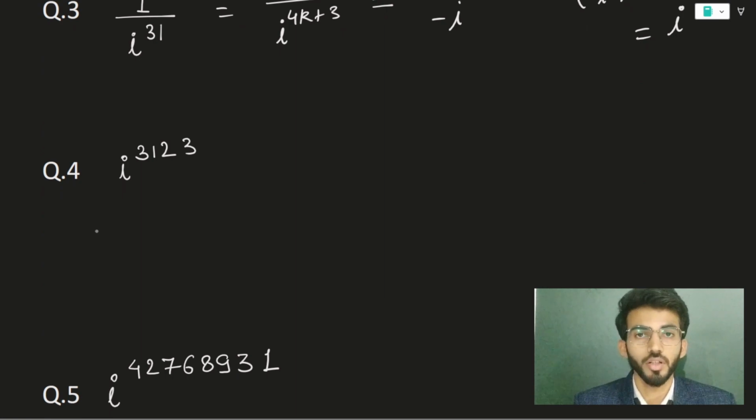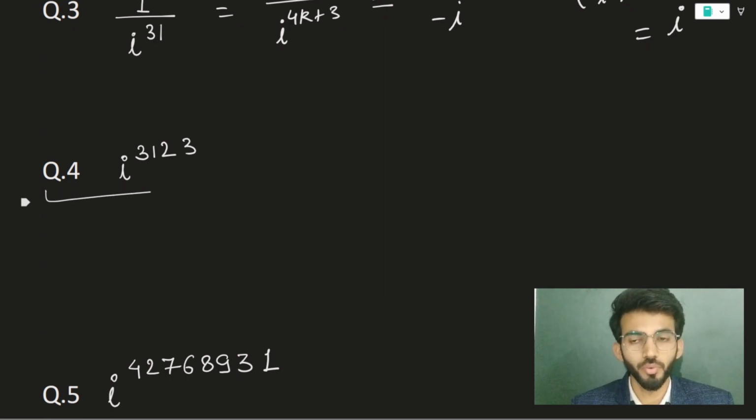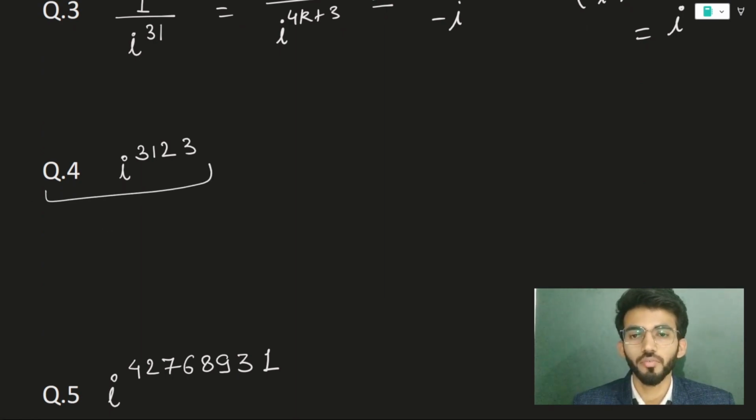Now the next question, question number 4, says: what if a very big number comes in front of us in the form of a power? So what will we do? Again, the same procedure. You have to divide the power by 4 and check in which form it is: i to the power 4k, or 4k plus 1, 4k plus 2, or 4k plus 3, whatever the power is.